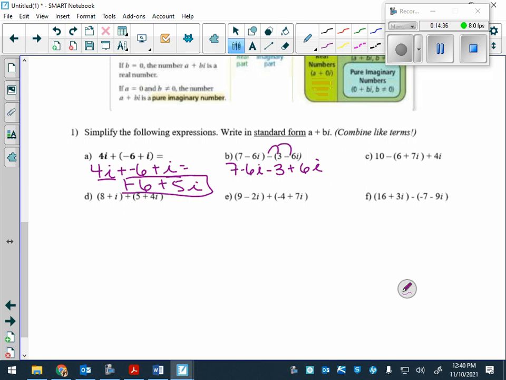And now we combine like terms. So 7 minus 3 is 4. Then negative 6i plus 6i, what do you end up getting? 0. So you could write it two ways: 4 plus 0i, or just simply 4. Either one's acceptable. I want you guys to try C, D, E, and F. Go ahead.